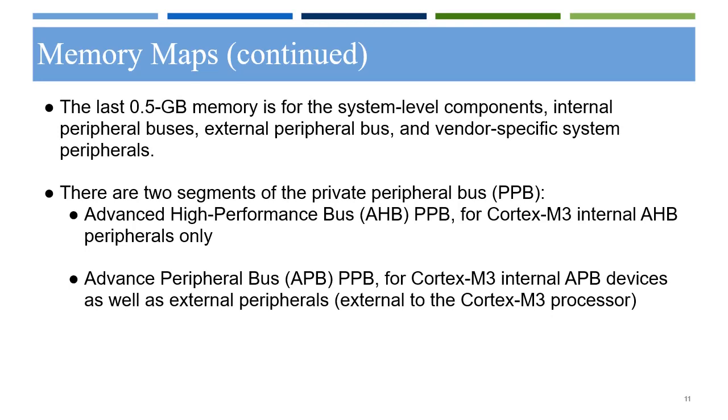The advanced peripheral bus is for Cortex M3 internal APB devices as well as external peripherals. The Cortex M3 allows chip vendors to add additional on-chip APB peripherals on this private peripheral bus via an APB interface.